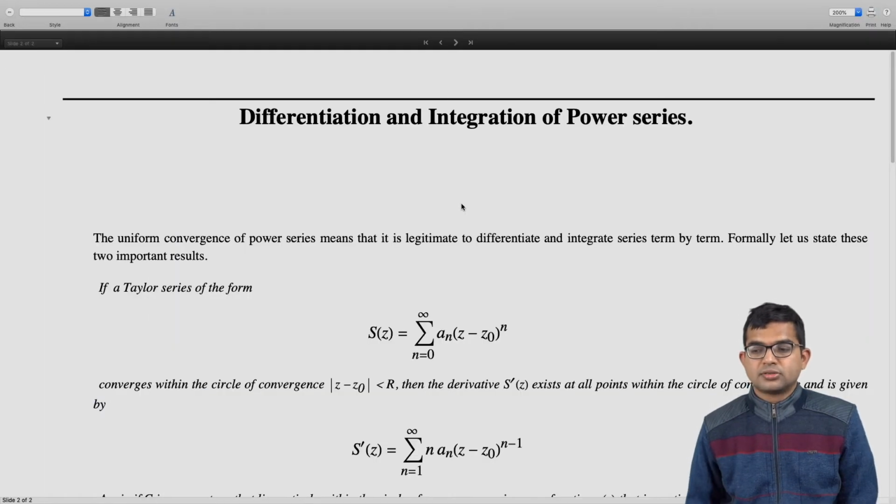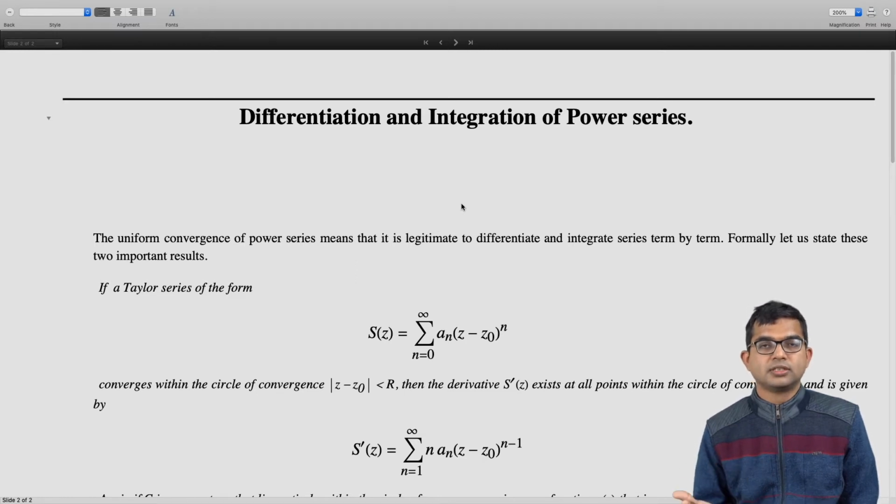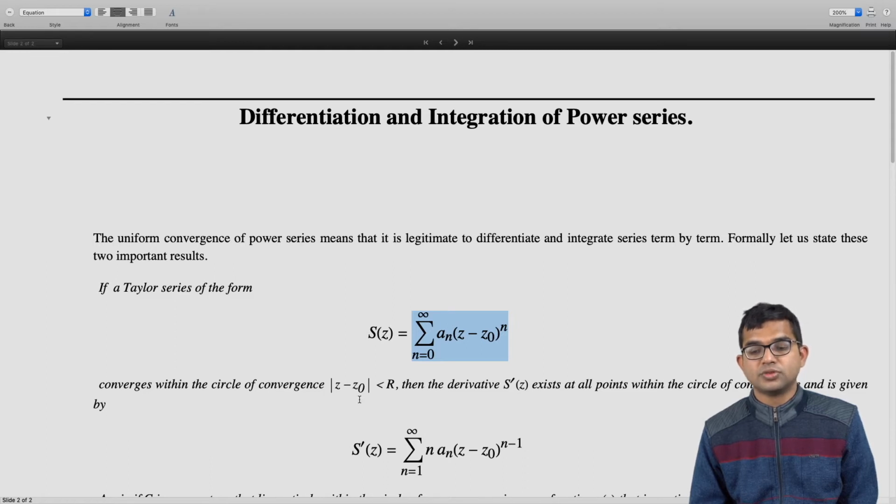Okay, so let's formally state these two important results. One is about differentiation and the other is about contour integration. So you have a Taylor series of this form, and you associate this series with some function s of z, and you're given that it converges within the circle of convergence mod of z minus z naught is less than r, then it's completely legitimate to talk of the derivative of this function.